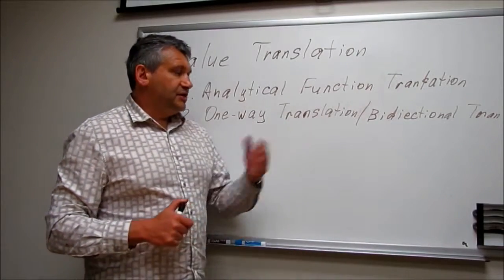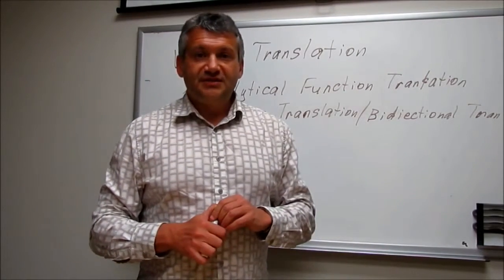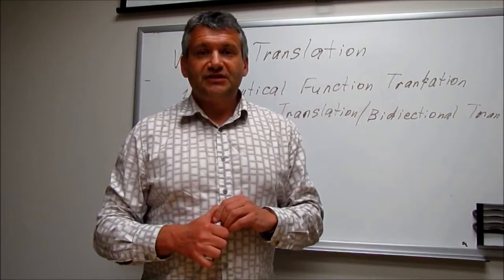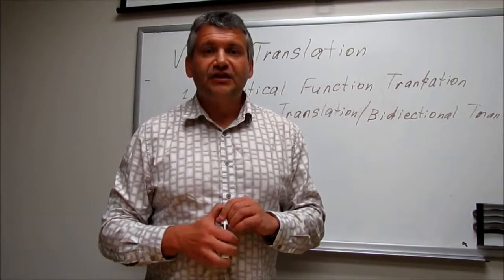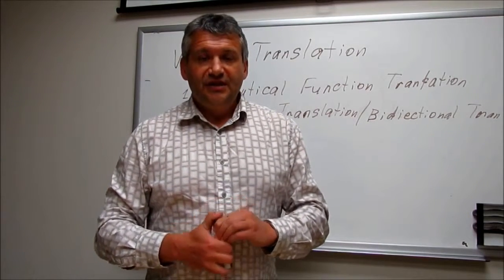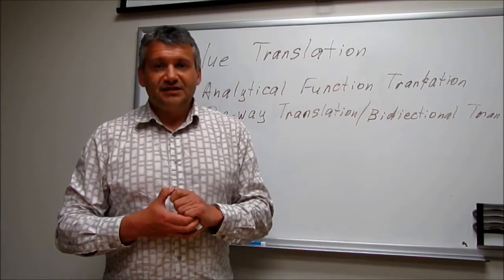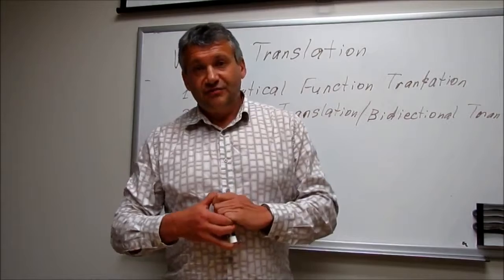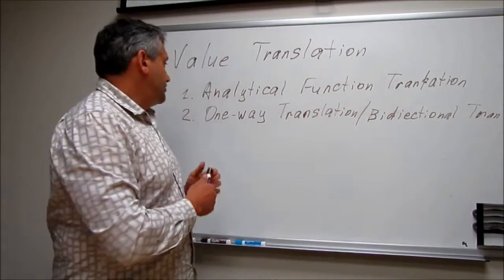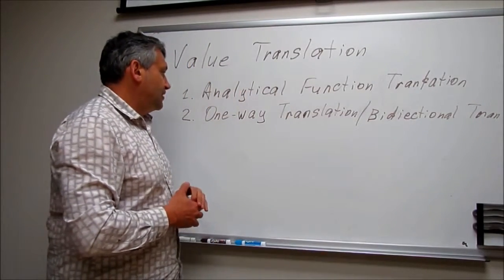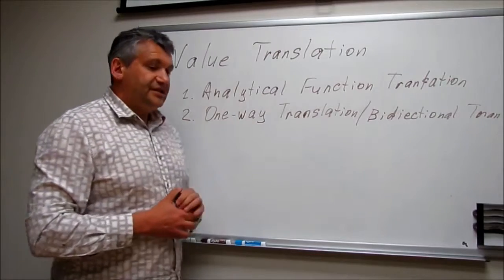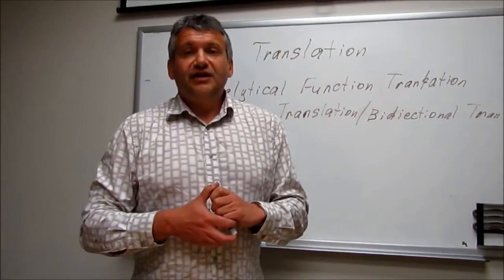When we have bidirectional translation, this means that if the function that does the translation is monotonic, then we can translate it back. If it's not, then we cannot do it. One-way translation, for example, is a hash function.